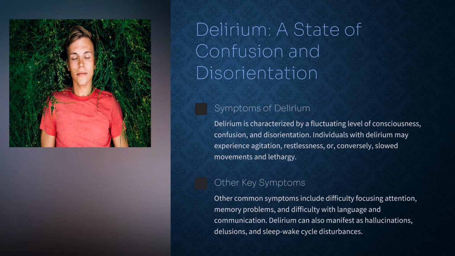Now, delirium. Delirium you also see a lot in the emergency setting or post-op setting. Delirium is very, very common. So, what are the symptoms? The most important to remember is that there is a fluctuating level of consciousness.